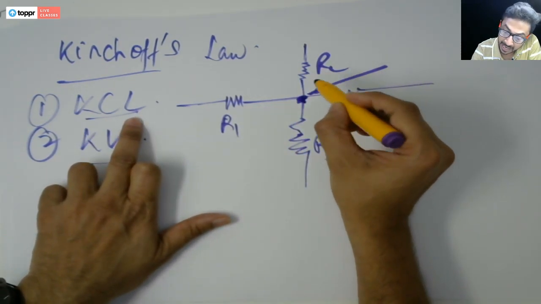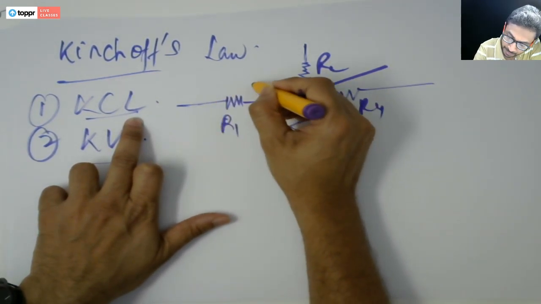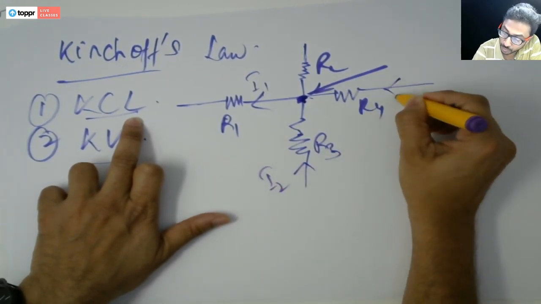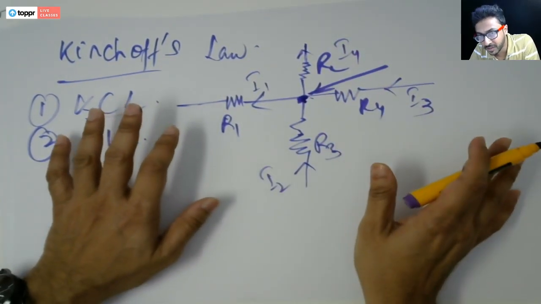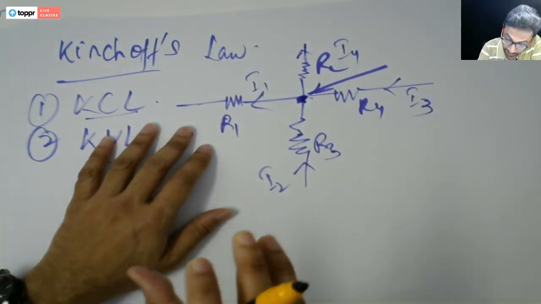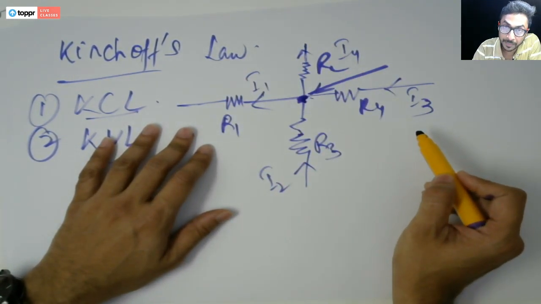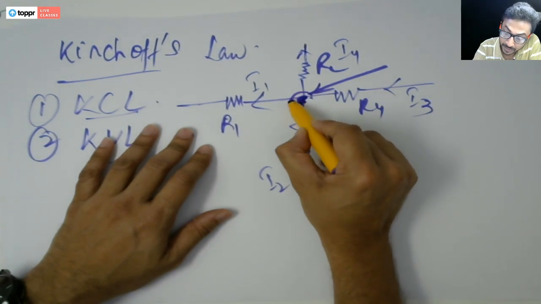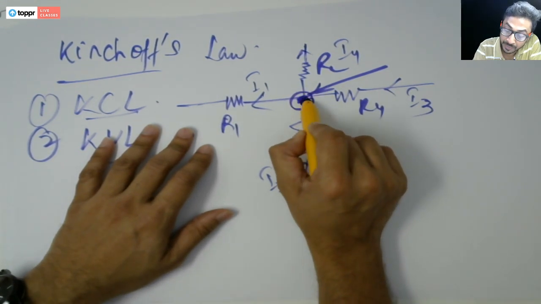Say in this path the current is moving in this direction, in this path the current is coming in I2, this is I3, this is I4, whatever be the direction of the current. The current direction is not our concern. The concern is what Kirchhoff's Current Law says: whatever be the direction of the current, the algebraic sum of the currents at a particular point, node, or junction will be 0.